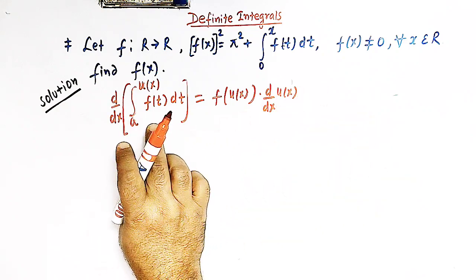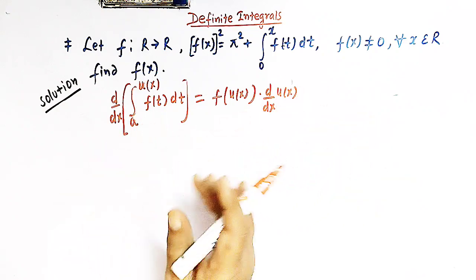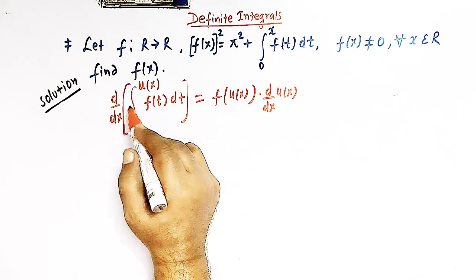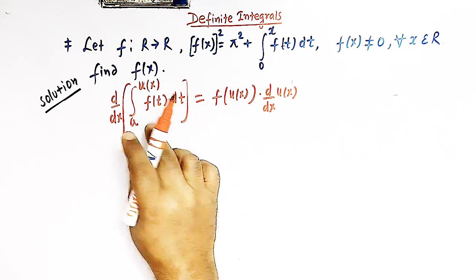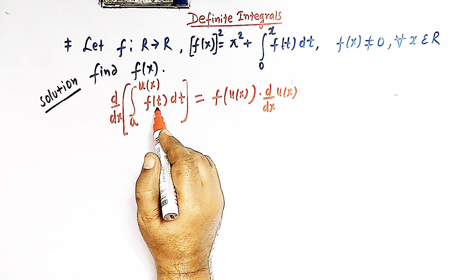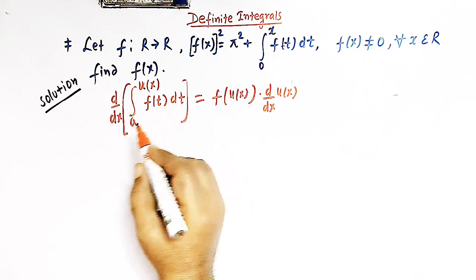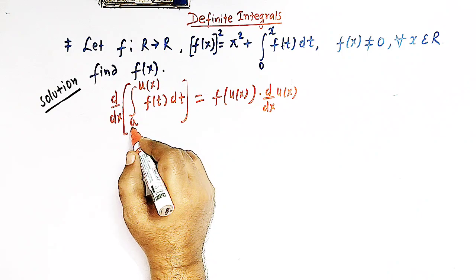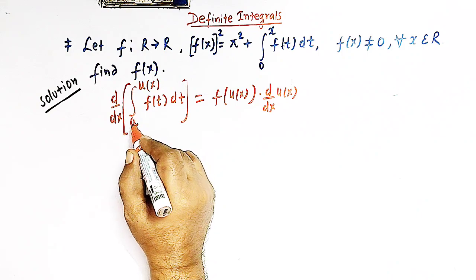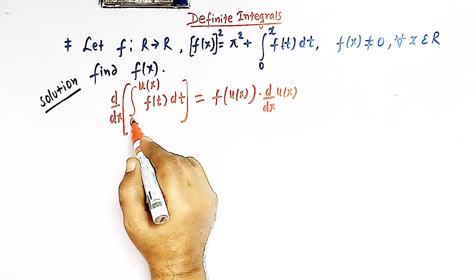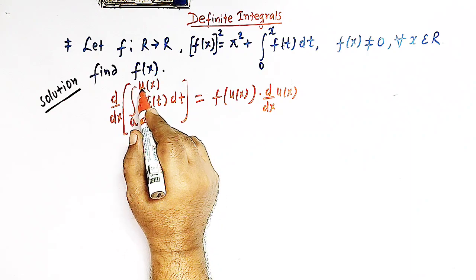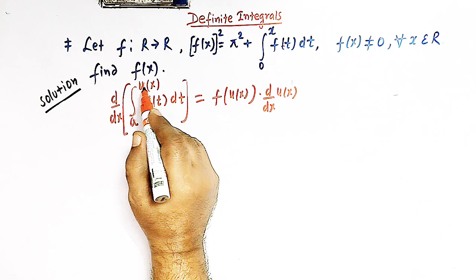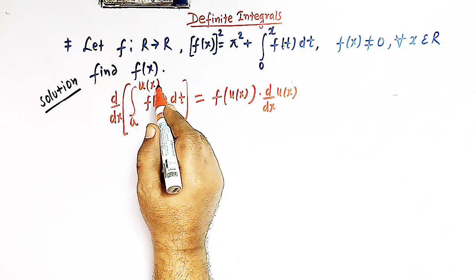So here we are considering a special case of Leibniz integral rule where we have to differentiate this integral where the integrand is f of t, and here we have dt, and the lower limit is a constant, right? So here we are taking the lower limit as a, which is a constant whose derivative is 0, and the upper limit we are considering a function of x, that is u of x, right?